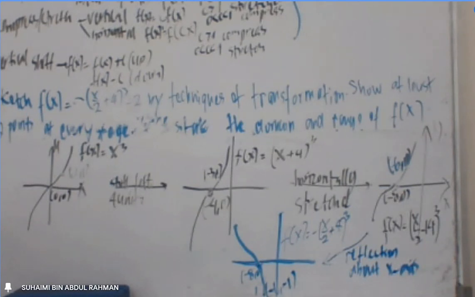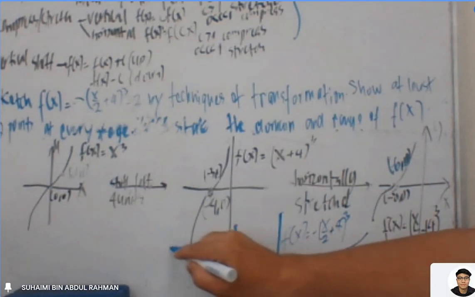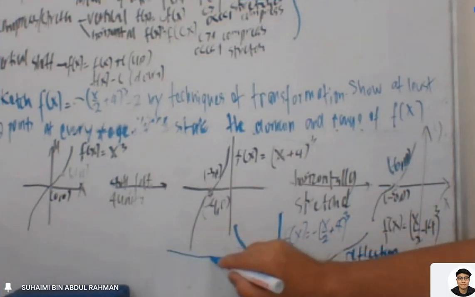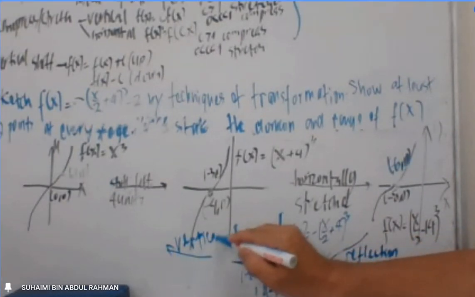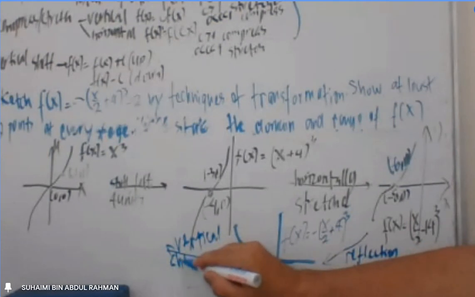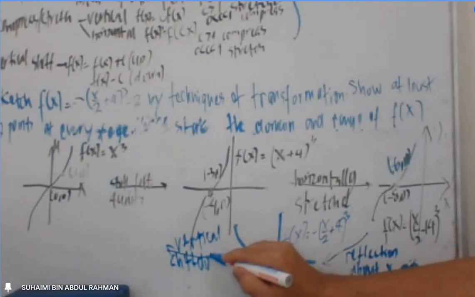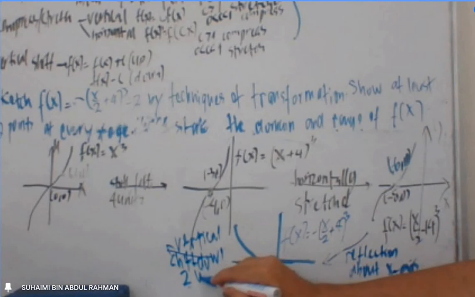Shift down. How many units? 2 units. Vertical shift down 2 units.